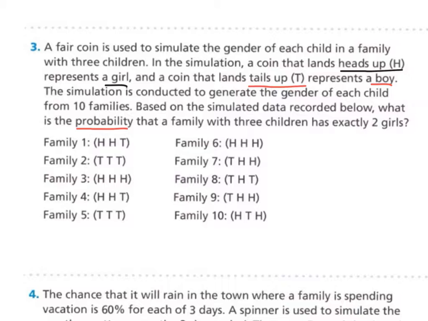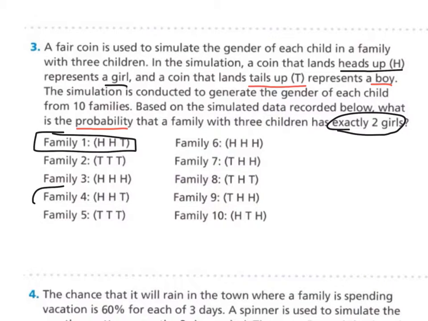I'm going to circle that with black here because I did that for girls earlier. Exactly 2 girls means we want exactly 2 of the letters to be H. So we're looking at all these different options. We want exactly 2 H's. Looking through our list, one that has 2 H's would be family 1.